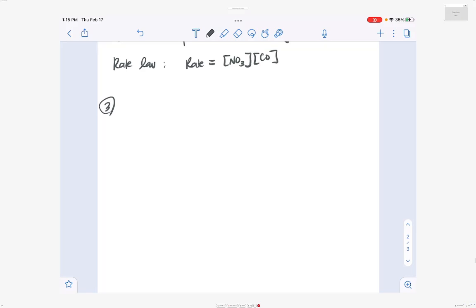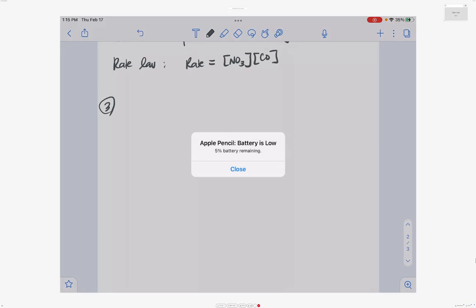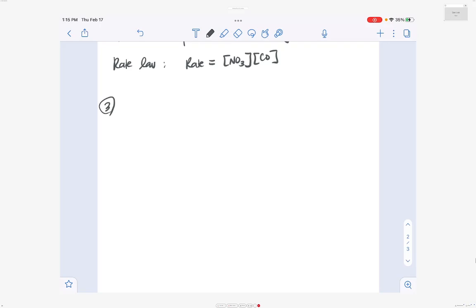The third question that a lot of you got incorrect was where two different reactions were given.